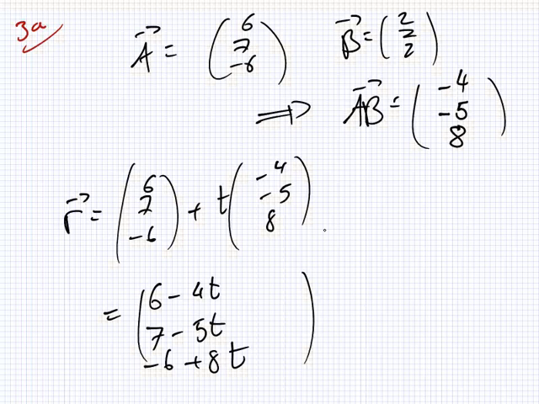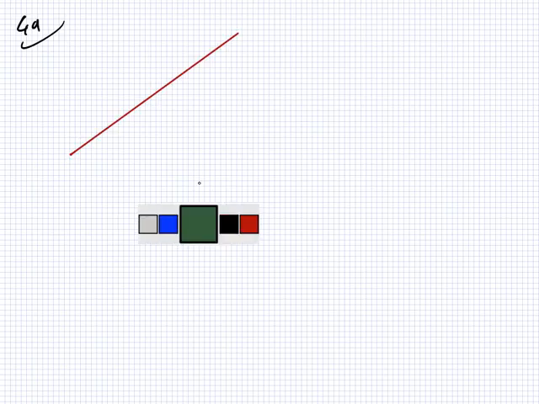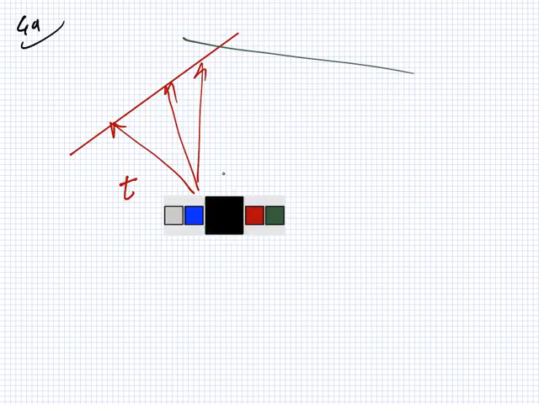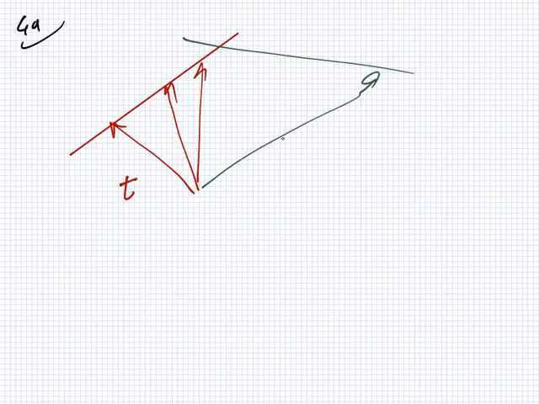Let me try and draw what's happening here. You have one line, I'll do it in red, different T's point to different parts of the line, and then you have another line here in green, and different S values point to different parts of the line.